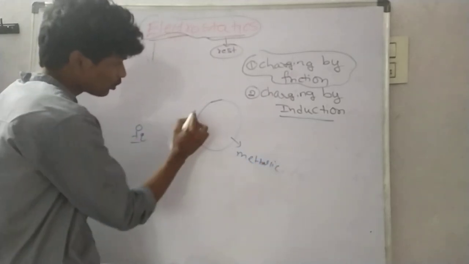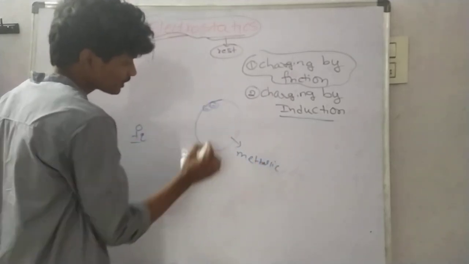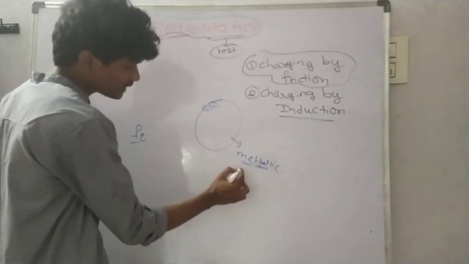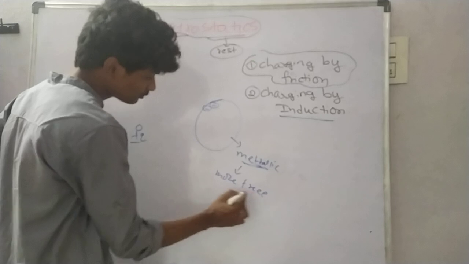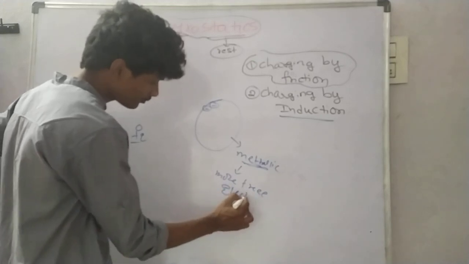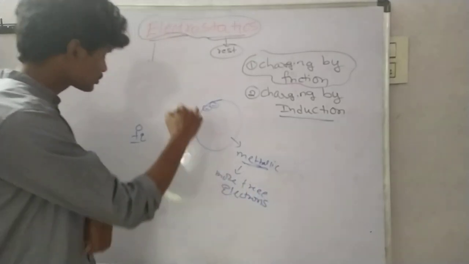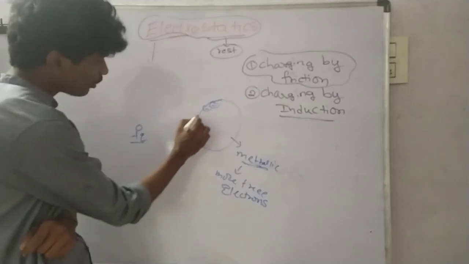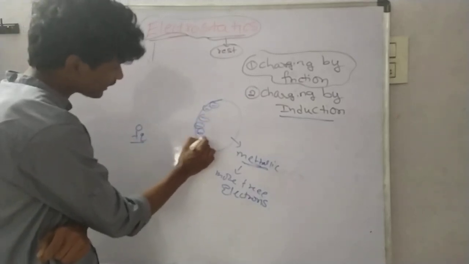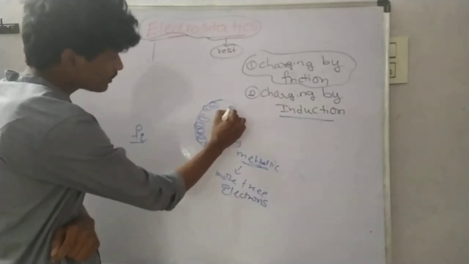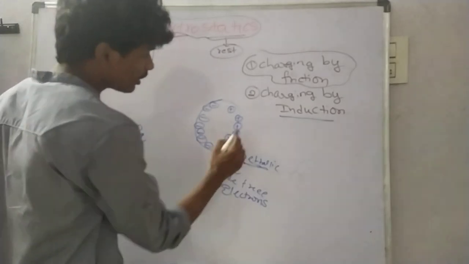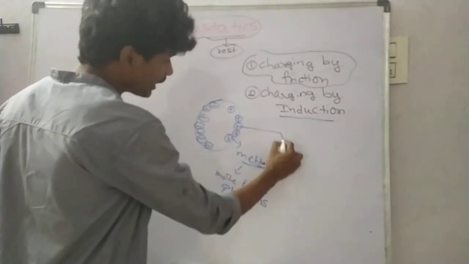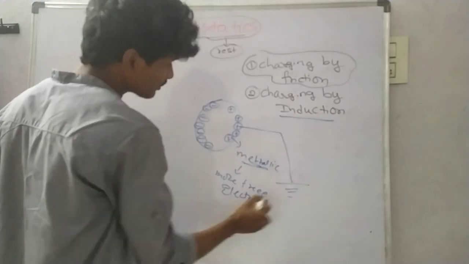Since this is a positive charge, all the negative charges on the sphere get attracted to this side, and the positive charge will be along this side. Now I am connecting this sphere to the earth by a wire. This is nothing but earthing.